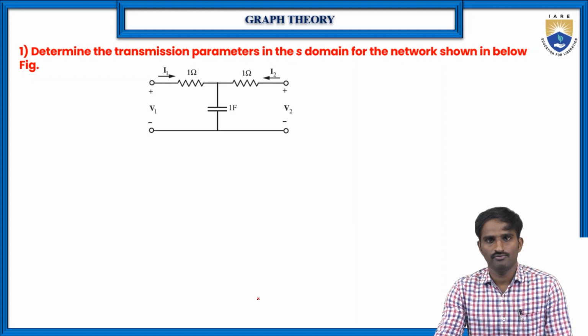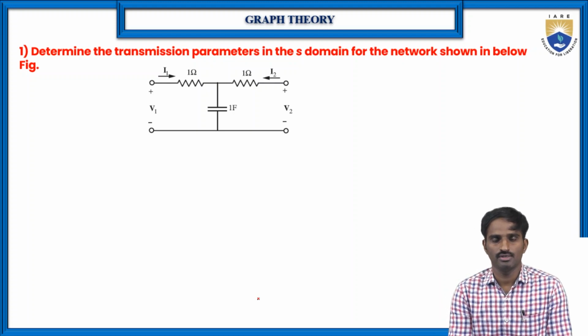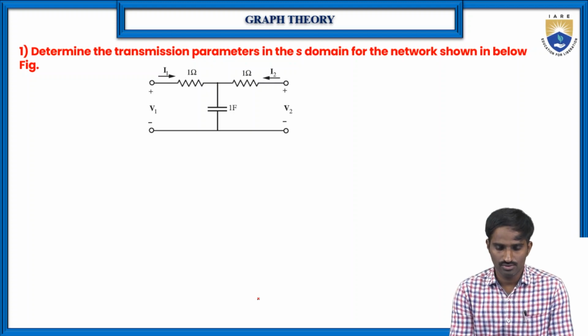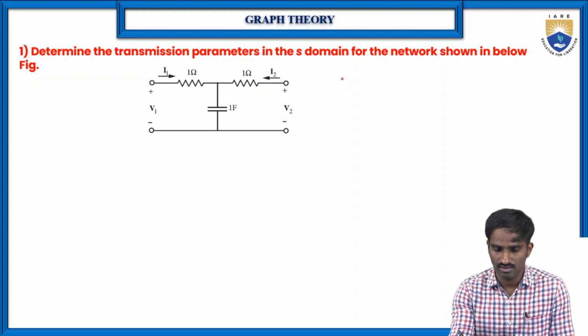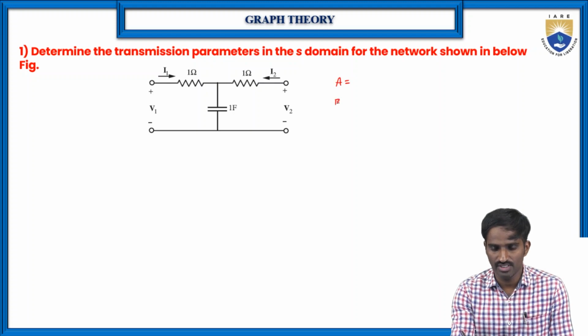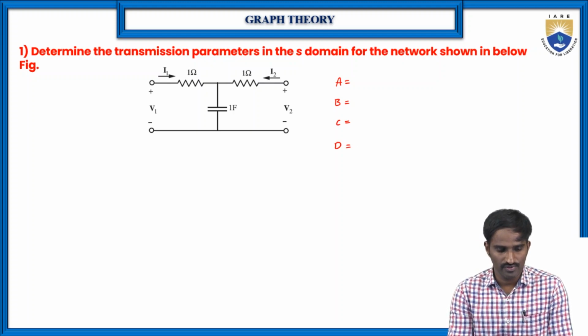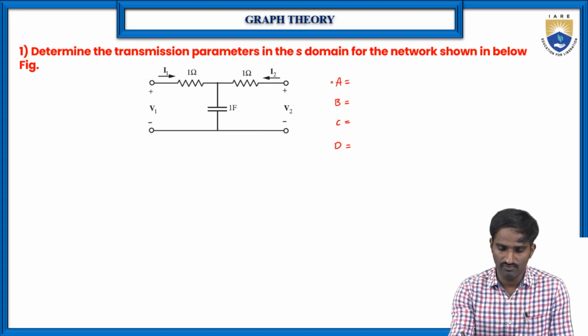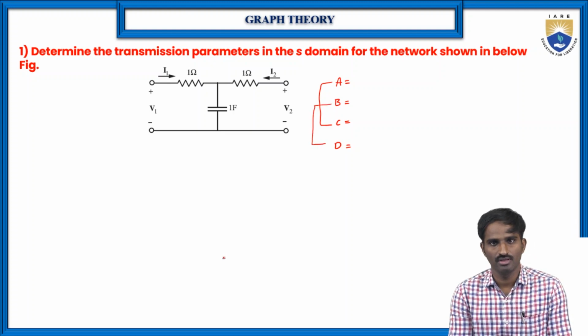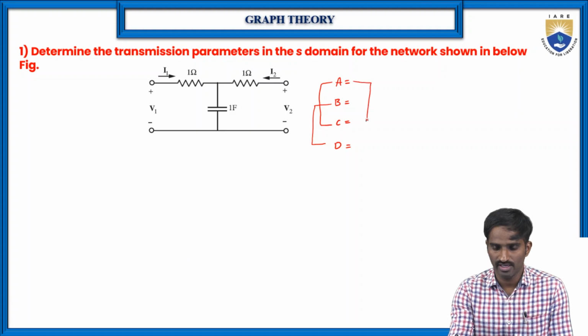First of all, we should know what those 4 transmission parameters are. The 4 transmission parameters here are A, B, C and D. First we will find A and C, then after that we will find B and D. To find A and C, we make the output terminal an open circuit.